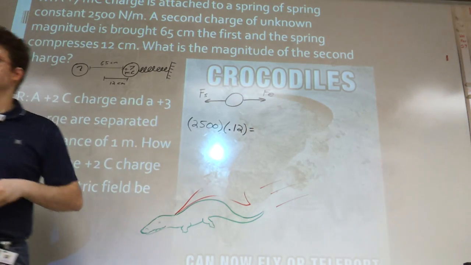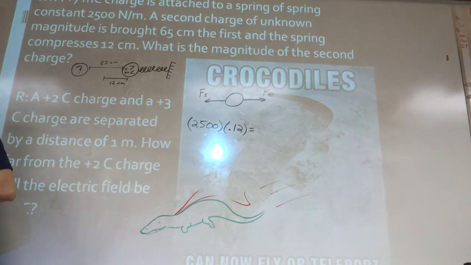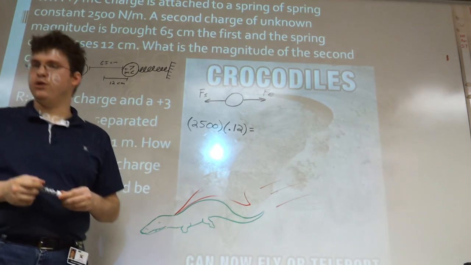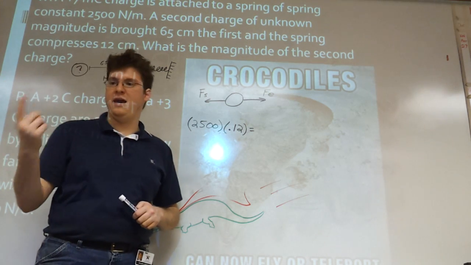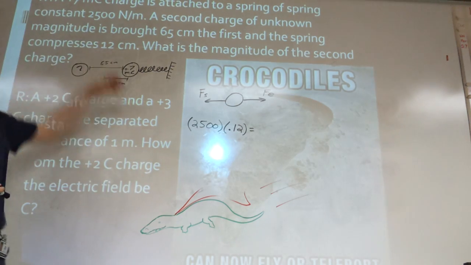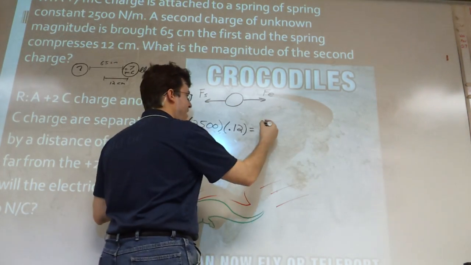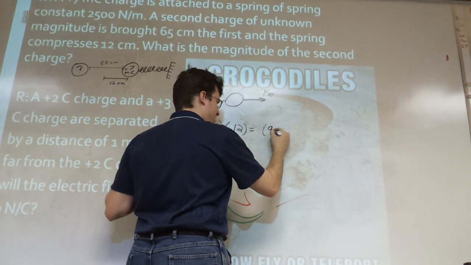Equals electric force. Which formula for electric force are we going to use? Coulomb's law. We have a choice between kQ1Q2 over r squared, and F equals EQ. But this says nothing about electric fields, so Coulomb's law is the better choice. k is 9 times 10 to the 9th.